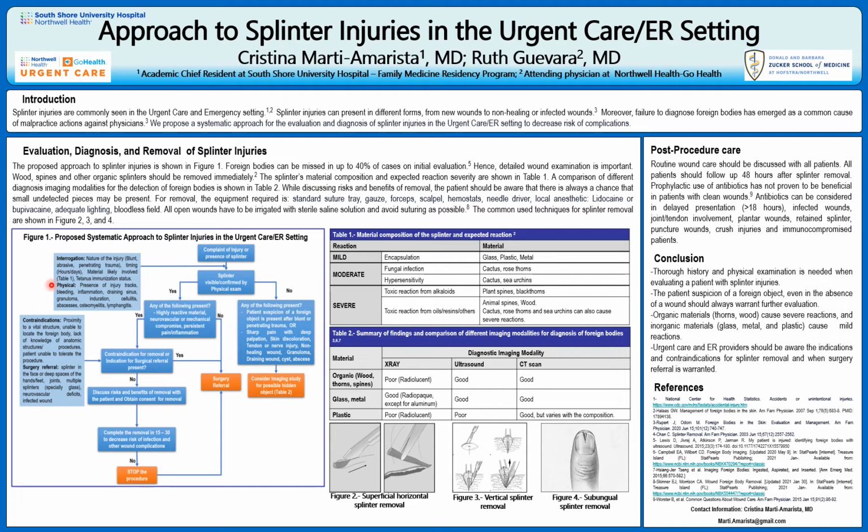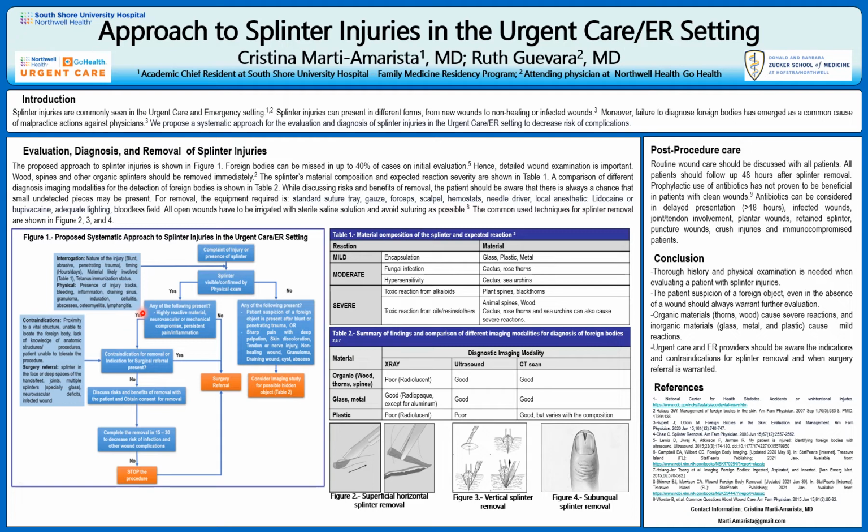On the physical, it is important to determine the presence of injury tracts, bleeding, inflammation, draining sinus, granuloma, induration, or the signs of superimposed infection, like cellulitis, abscesses, osteomyelitis, and lymphangitis. If you are able to determine the presence of the splinter, or the splinter is visible, you go to the next step, and that is to answer the following questions.